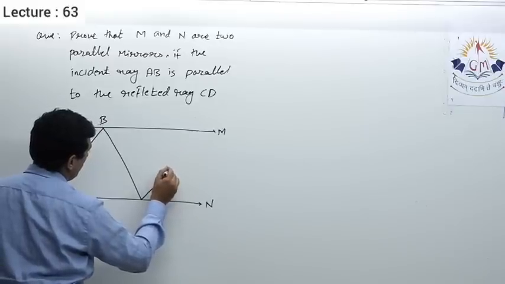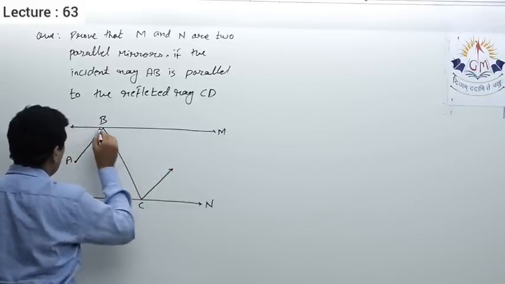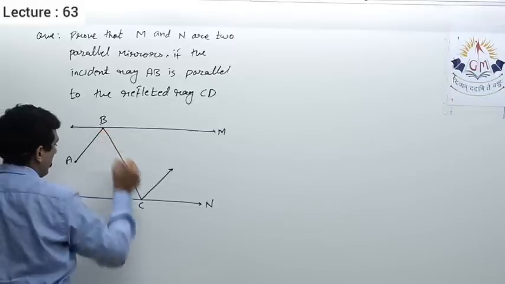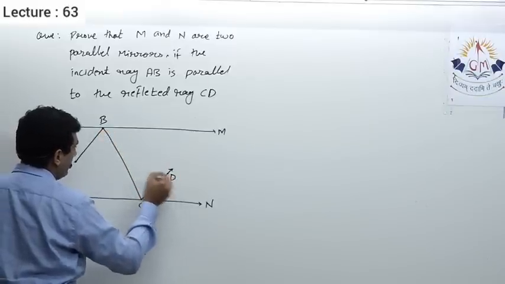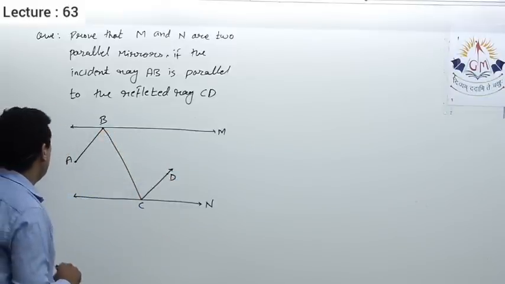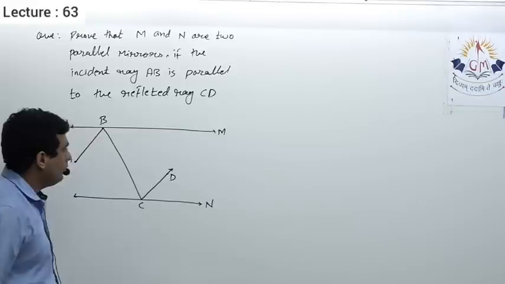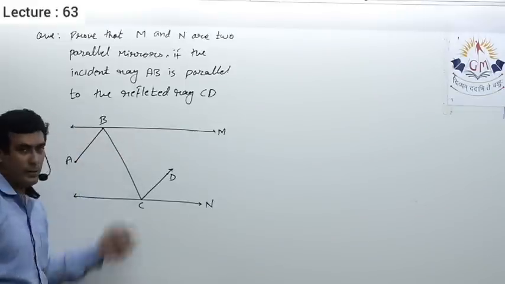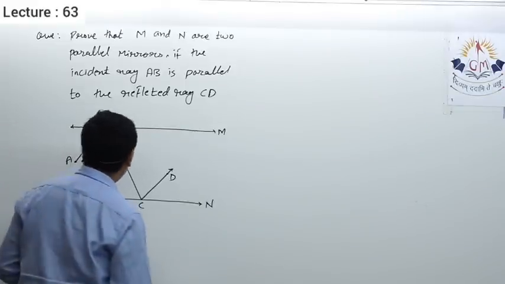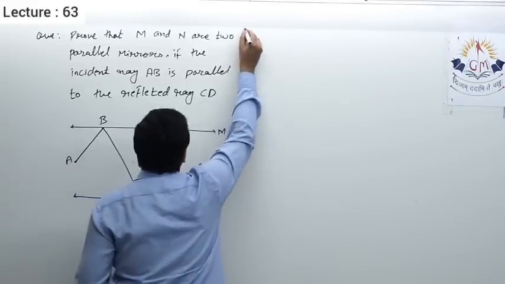This is ray AB and this is ray CD. So we have to prove mirror M is parallel to mirror N. Let us see how to solve this.